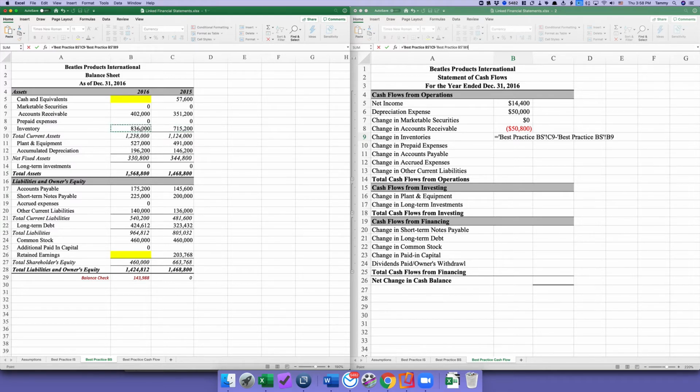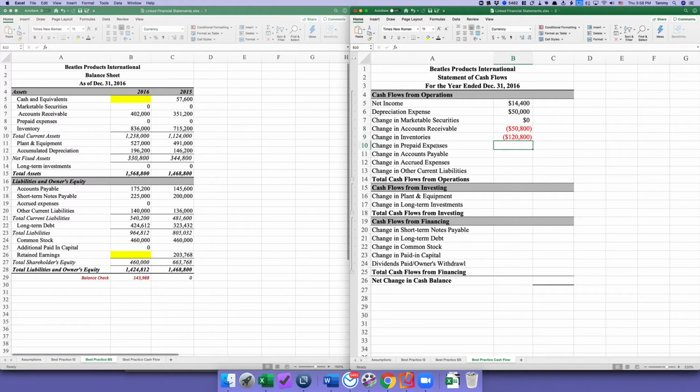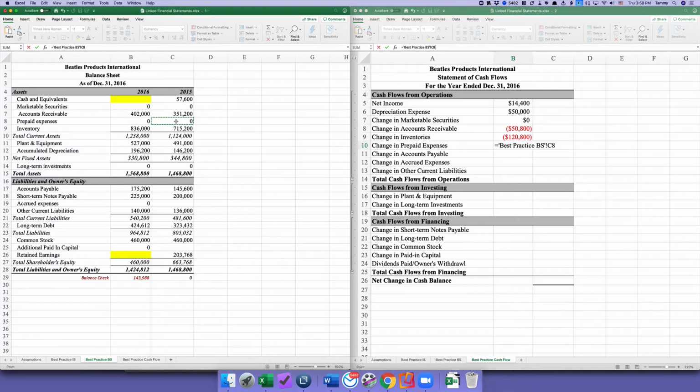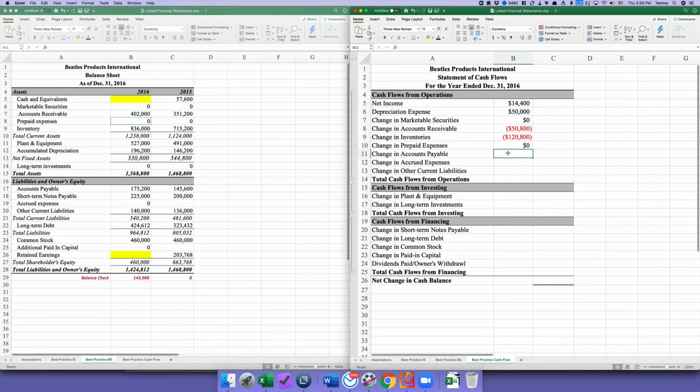So that is going to be a negative cash flow as well. We got more money sitting in inventory. And then our prepaid expense, likewise, we subtract this year's from last year's, even though the difference is going to be 0.